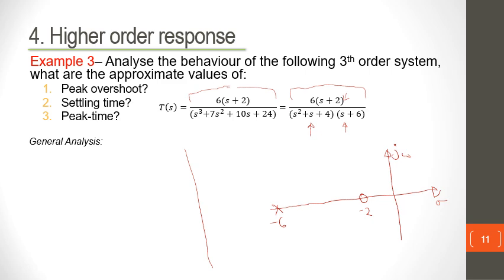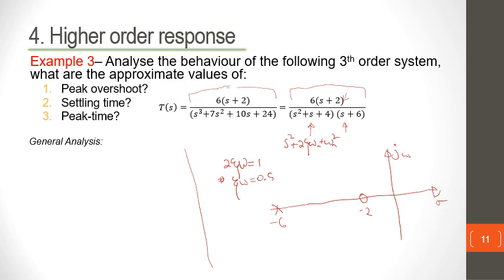We know that for a second order system, the structure of that second order equation is going to be of this form: s squared plus 2 times the damping factor times the natural frequency s. Using this structure, we can see that in fact we have 2 times the damping factor times the natural frequency equal to 1, which means damping factor times the natural frequency is equal to 0.5.